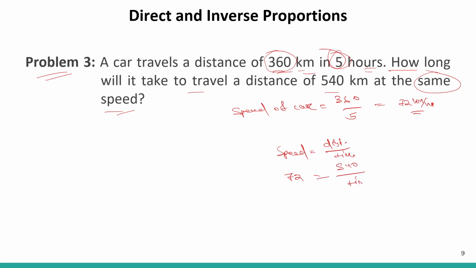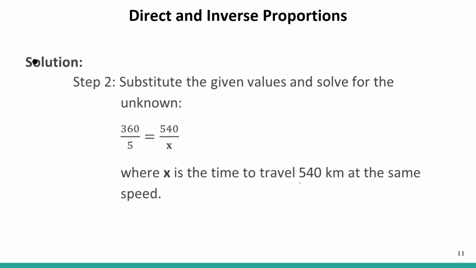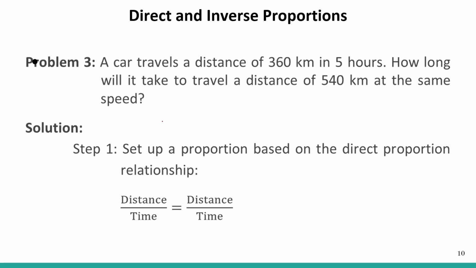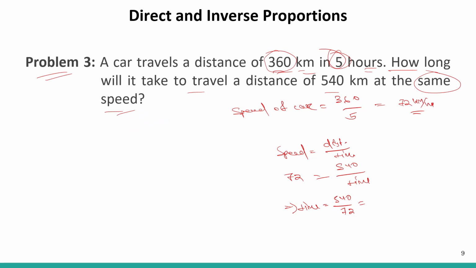We don't know the time, right? That is what we want to calculate here. So this implies that time is equal to 540 by 72. That is equal to 7.5 hours. It will take actually 7.5 hours.